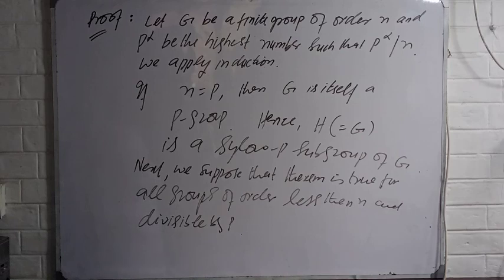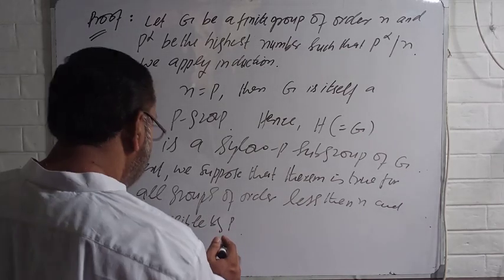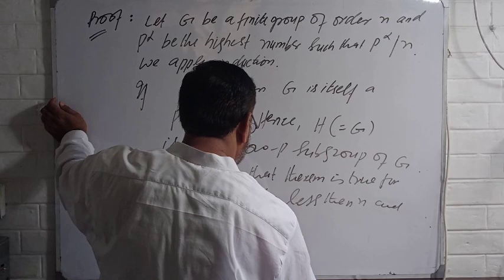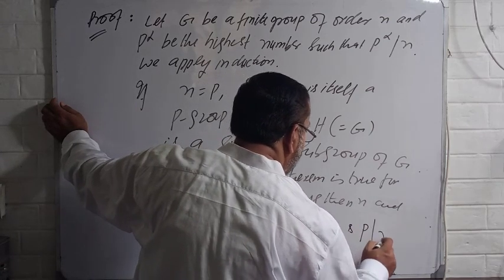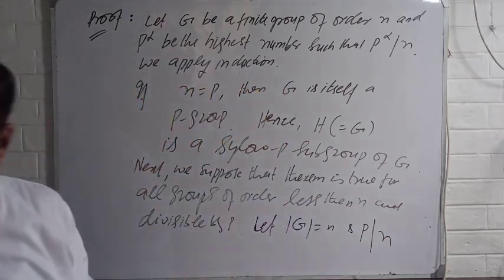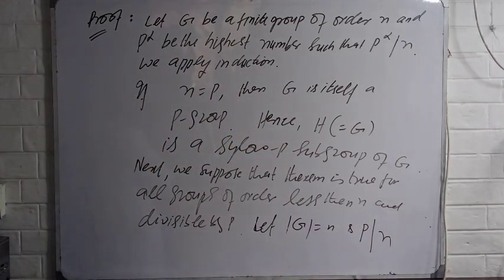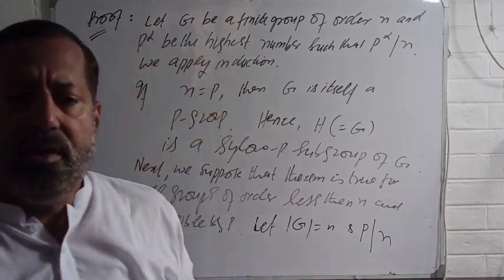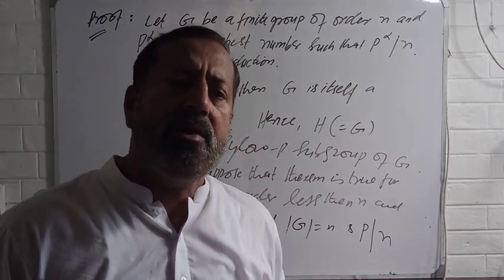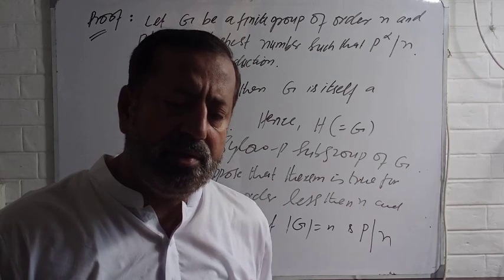So let G be a group of order n, that is, order of G is equal to n and p divides n. Just like in Cauchy's theorem, we will consider two possibilities: that there is a subgroup whose index is prime to p, or that every subgroup has index divisible by p.